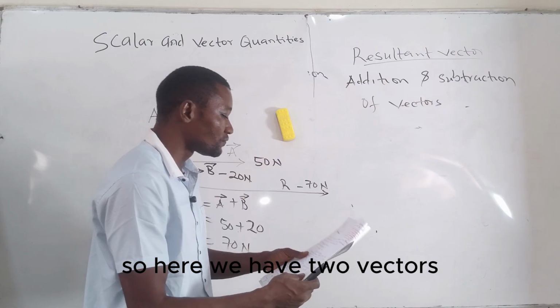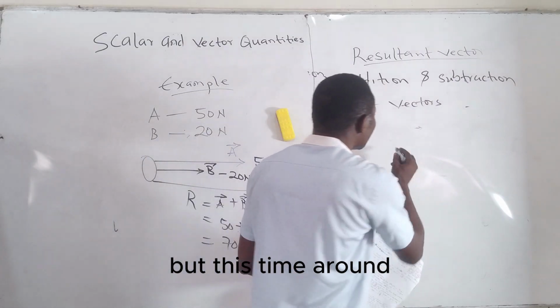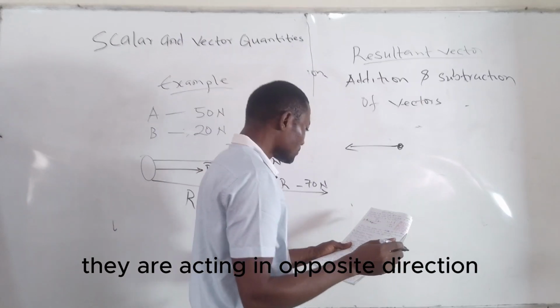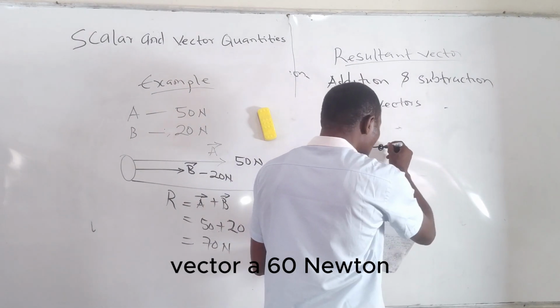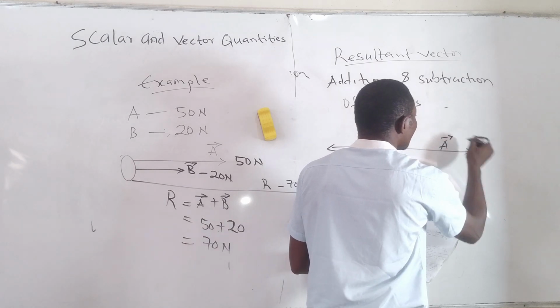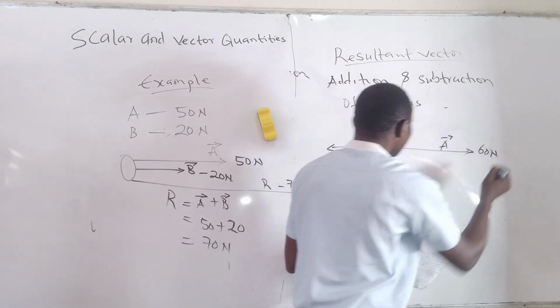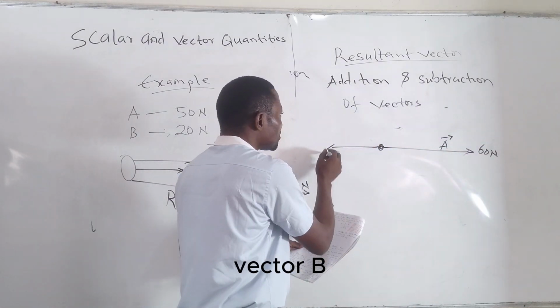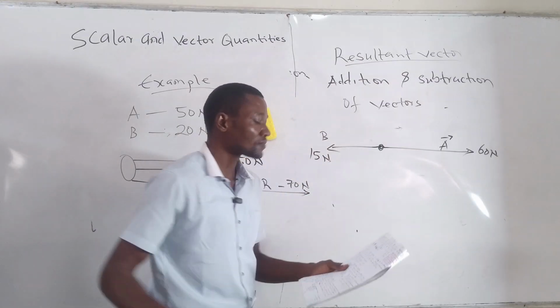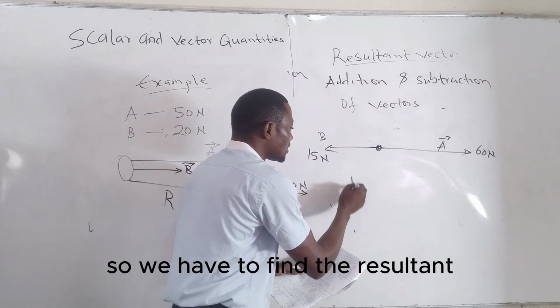So here we have two vectors, but this time around they are acting in opposite direction. Vector A, 60 Newton, vector B, how many Newton? 15 Newton. So we are to find the resultant.